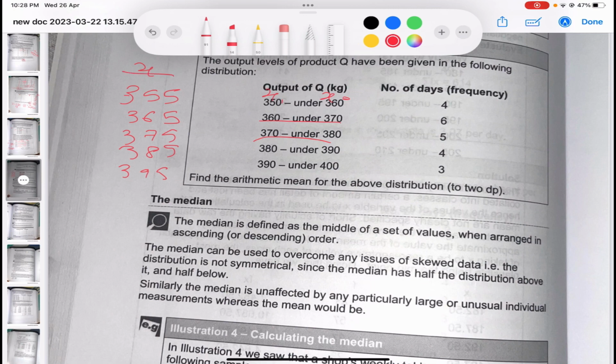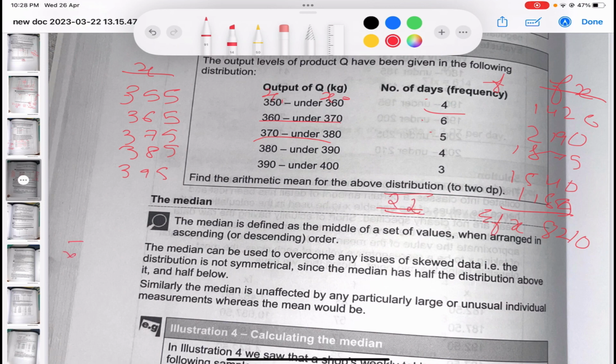So now I got my x and I got my f. So I have to calculate my fx, which is the multiplication of these. Multiply f with x. So I have 1420, 2190, 1875, 1540, 1185. So my summation of fx is going to be 8210. My summation of f is going to be 4 plus 6 plus 5 plus 4 plus 3, which is going to be 22.